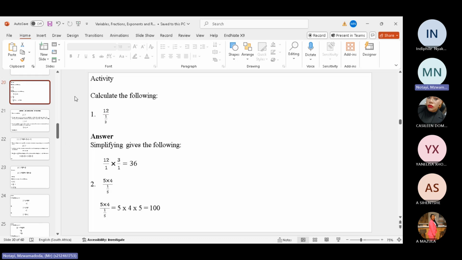So simplifying gives the following: 12 divided by 1 over 3 is 12 multiplied by 3 over 1, which gives us 36. And then we have 5 times 4 divided by 1 over 5, which is equal to 5 times 4 times 5, which is 20 multiplied by 5, which gives us 100.